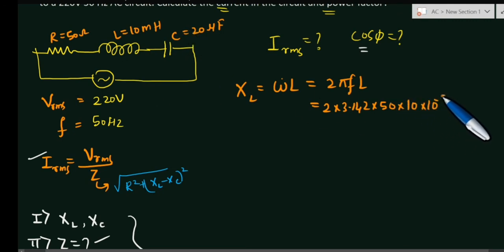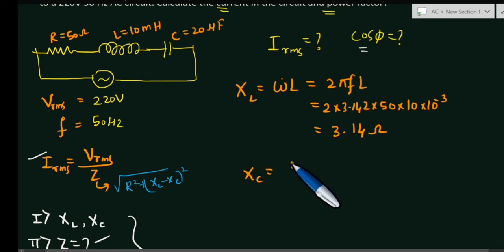Milli is 10 to the power minus 3. If you calculate the value of XL, it comes out to be around 3.14 ohm.